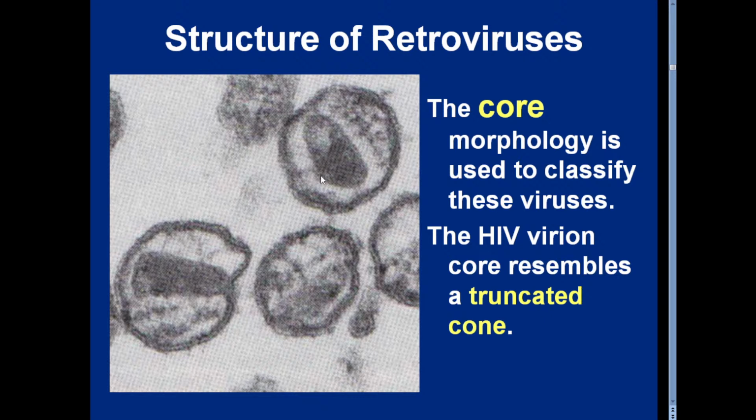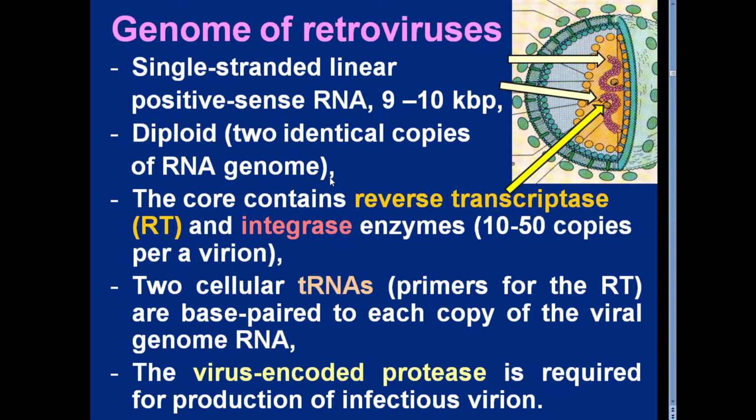The HIV virion core resembles a truncated cone. The genome of retrovirus is also unique. It's a single-stranded, linear, positive sense RNA, but diploid. It means two identical copies of the RNA genome. It's unusual for viruses.